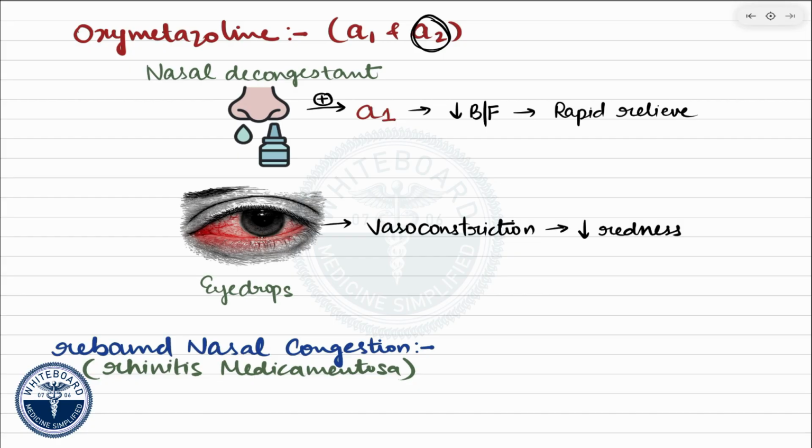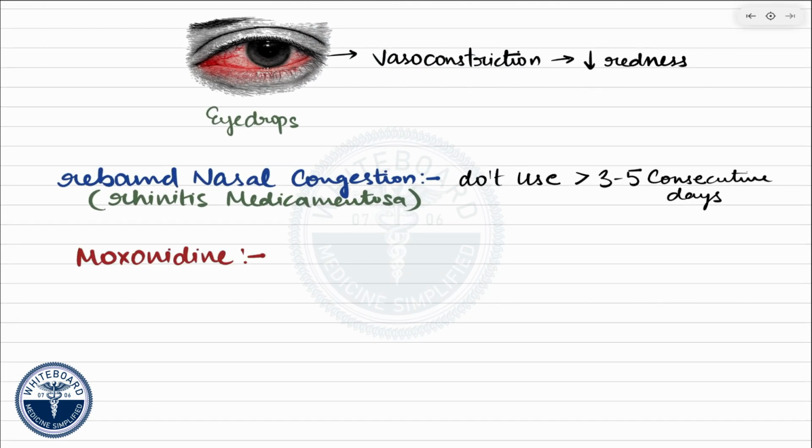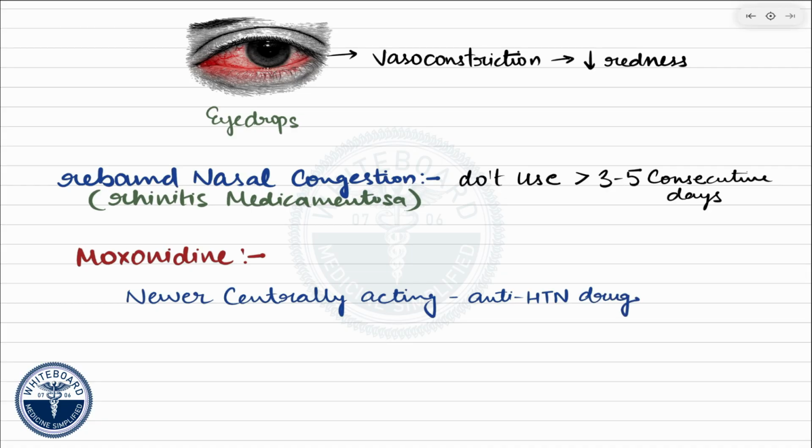For this reason, oxymetazoline should generally not be used for more than 3 to 5 consecutive days. Finally, let's briefly discuss moxonidine. Like clonidine, moxonidine is also a newer centrally acting antihypertensive drug that reduces sympathetic activity and lowers blood pressure.